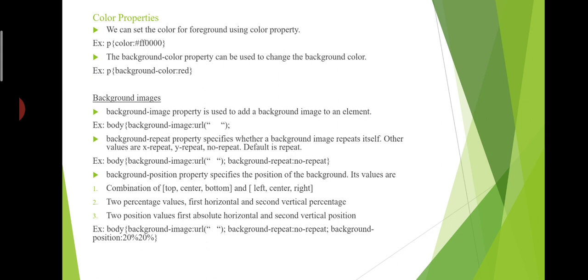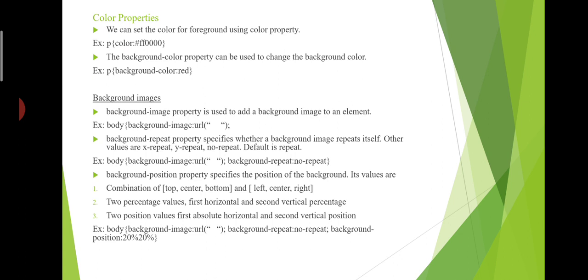Next, coming to background position. It specifies the position of the background image. Generally, the values used for this background position are combinations of top, center, bottom and left, center, right, like that. We can also give two percentage values.